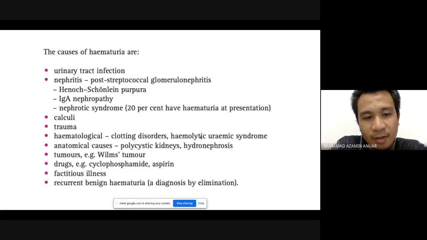Another name for factitious illness is Munchausen syndrome by proxy, meaning that normally the child is normal and well, maybe the parents have mental issues, so the parents probably try to get attention from somebody. I don't know, maybe some sort of psychological problem. So what they do is they make up the symptom. So the child probably has no hematuria.